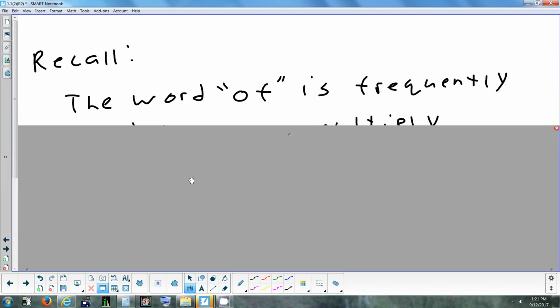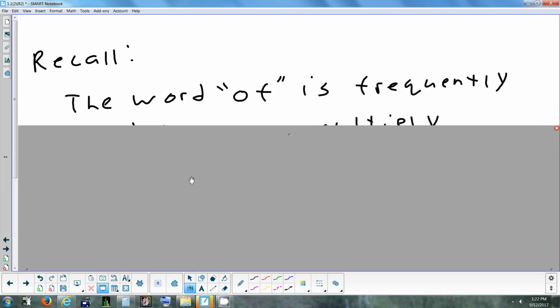Okay, so we've mentioned before, sometimes when you see certain words in math, they mean something. Like sum means adding. Difference means subtracting. Does anybody know what the word of means? Like if I said to find half of 10, what operation would you do?